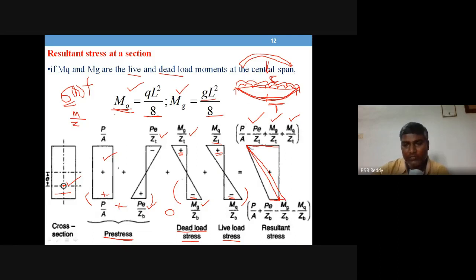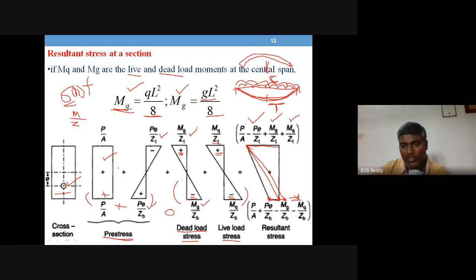So at bottom, if the stress is zero, you will have a line joining this point to this point. If it has a positive value, it is the existing diagram. If it has more live load, heavy live loads, heavy dead loads, you will have a negative value, a little tensile stress, and then the diagram will be like this. This line will be joining to this point.